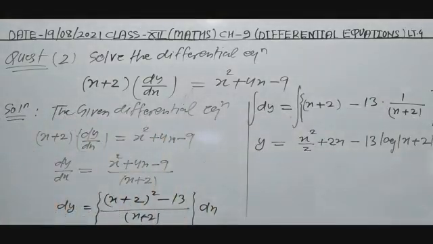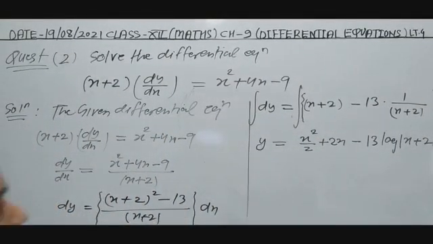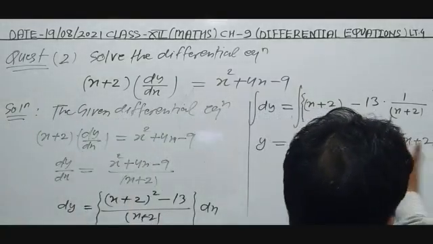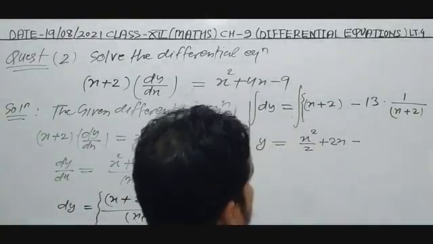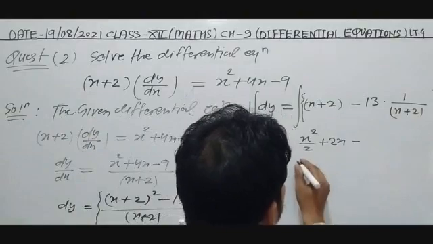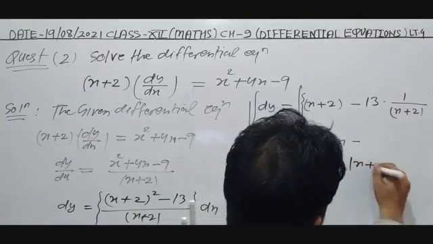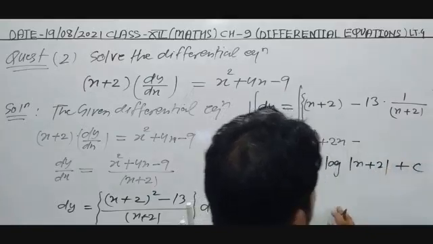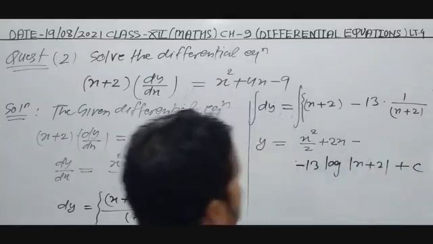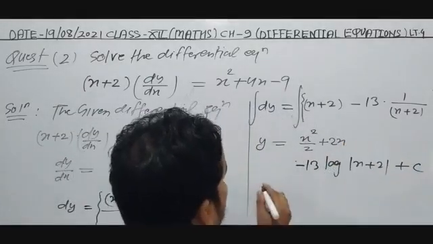See, this is outside the board. So minus 13 times log of mod of x + 2 and now plus c. This will be here. This is the answer, which is required.